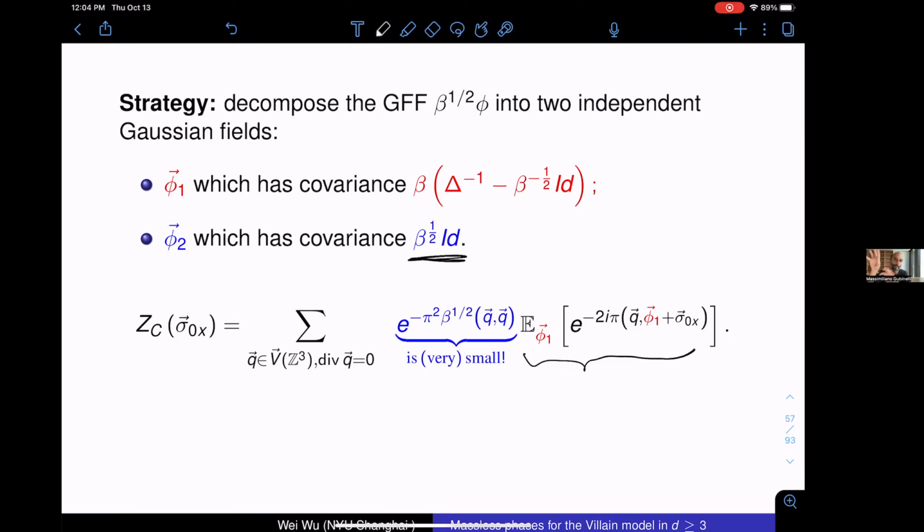Some very local interaction. I'm not sure; maybe Wei can say better, but my impression is that this very local interaction can be integrated out explicitly. Then you have a lot of small factors in the activities. You can run the polymer expansion, but this still depends on the main Gaussian field.